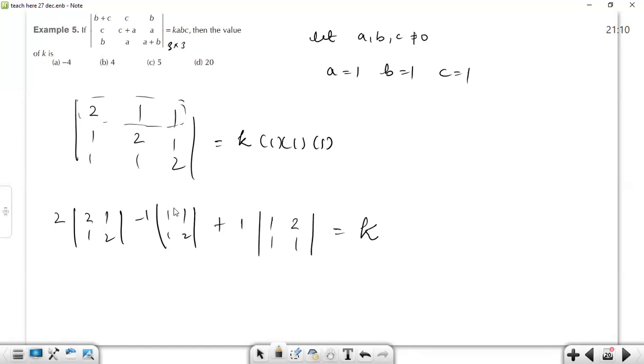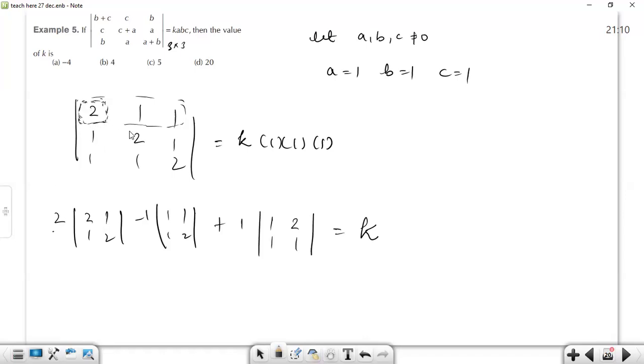Is everyone able to understand how I have written the expression of the determinant? How have I expanded the determinant? Yes, sir. Yes, we have taken the first row, and then we take the element into its cofactor.